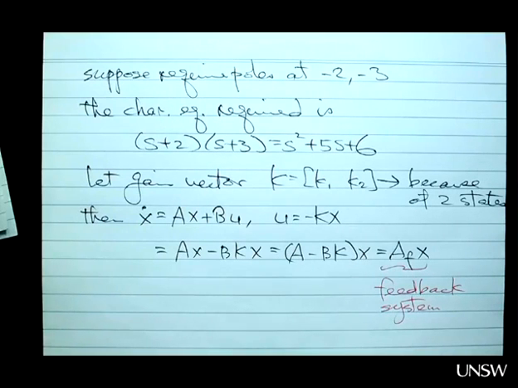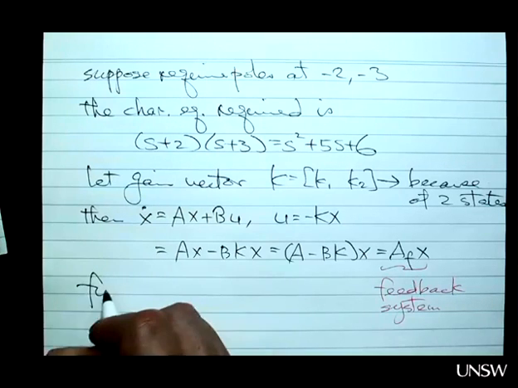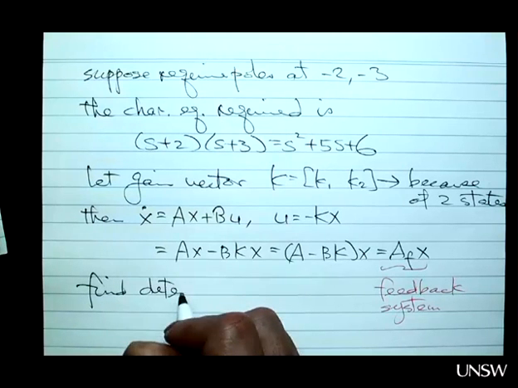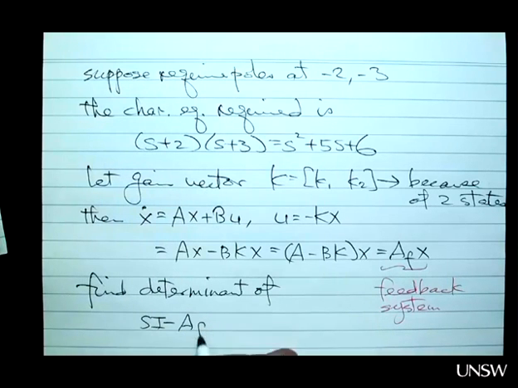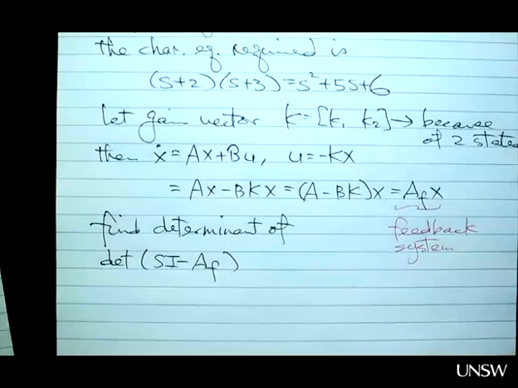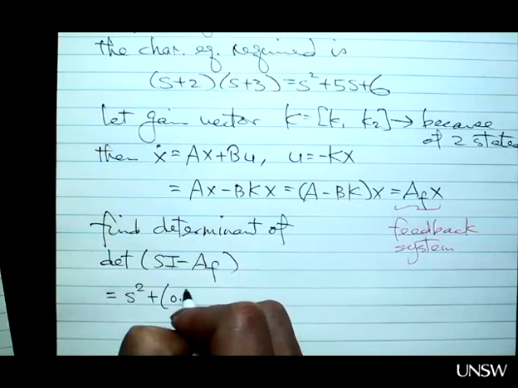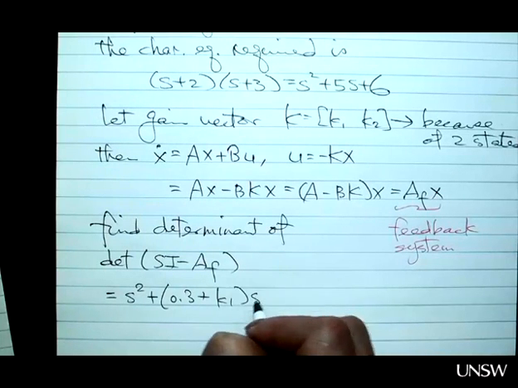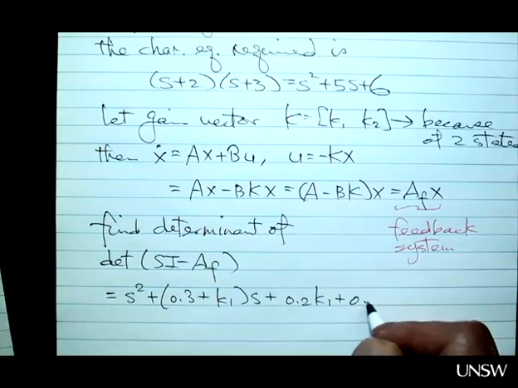So we find the determinant of sI minus A_F. It is a bit of calculation, then it becomes S squared plus (0.3 plus K1) S plus (0.2 K1 plus 0.1 K2 plus 0.01).